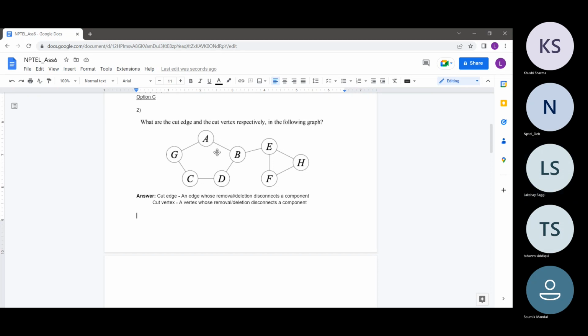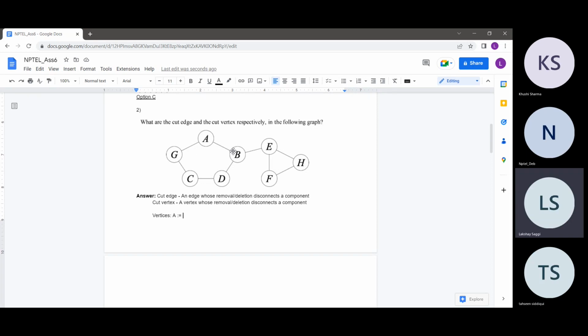So let's go over the vertices one by one. Vertex A. We can see that after deleting A from this graph, the remaining portion of the graph will still be a connected component. If we remove A and these two edges outgoing from A, all the components from B to G will still be connected.